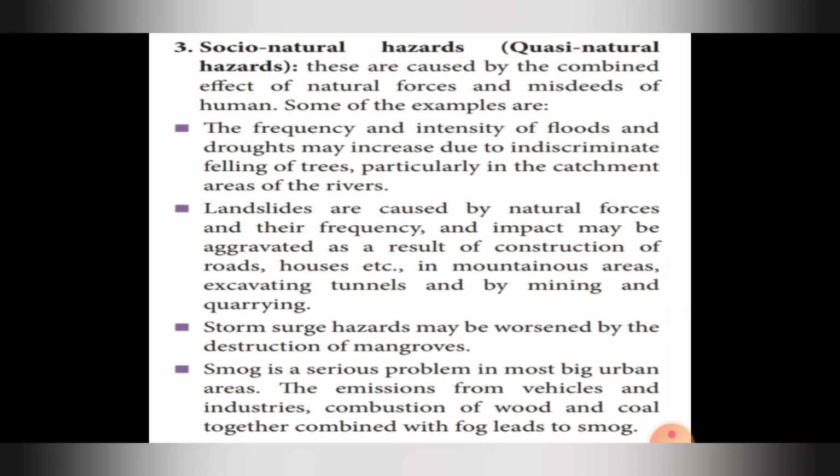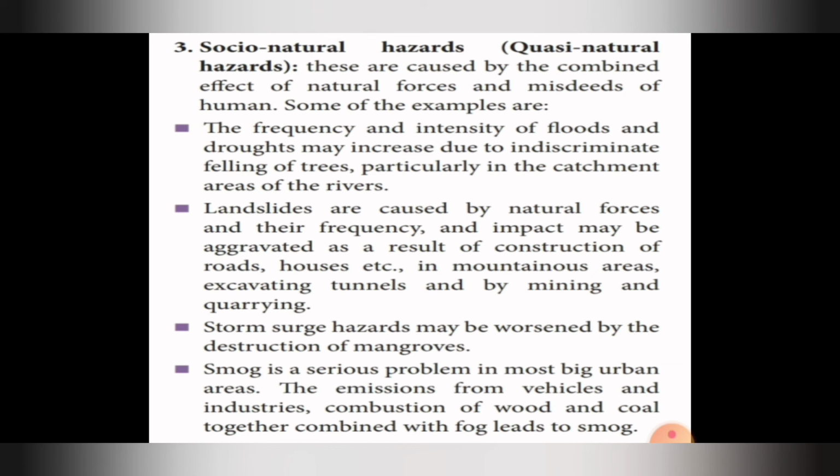The humans are cutting down all the trees nearby the river areas, and due to floods and droughts, many problems are happening because of human. Next one, landslides are caused by natural forces and their frequency and impact may be aggravated as a result of construction of roads, houses, etc. in mountainous areas, excavating tunnels and by mining and quarrying.